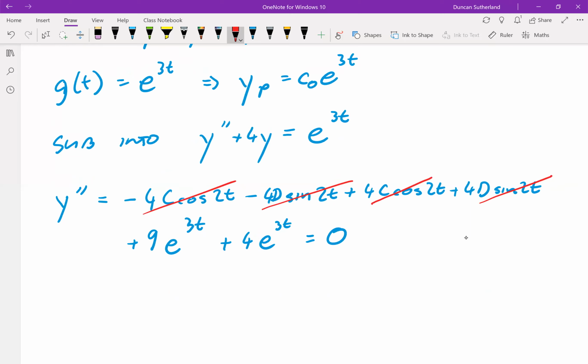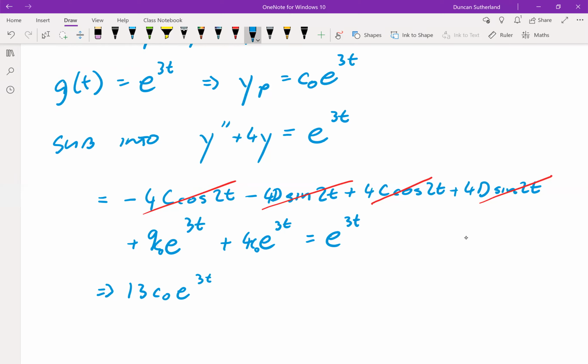We're left with, oops, there should be a C naught here, a C naught here, and there should be an e to the 3t there, because we were subbing in here and that. So that is equal to 13 C naught e to the 3t.